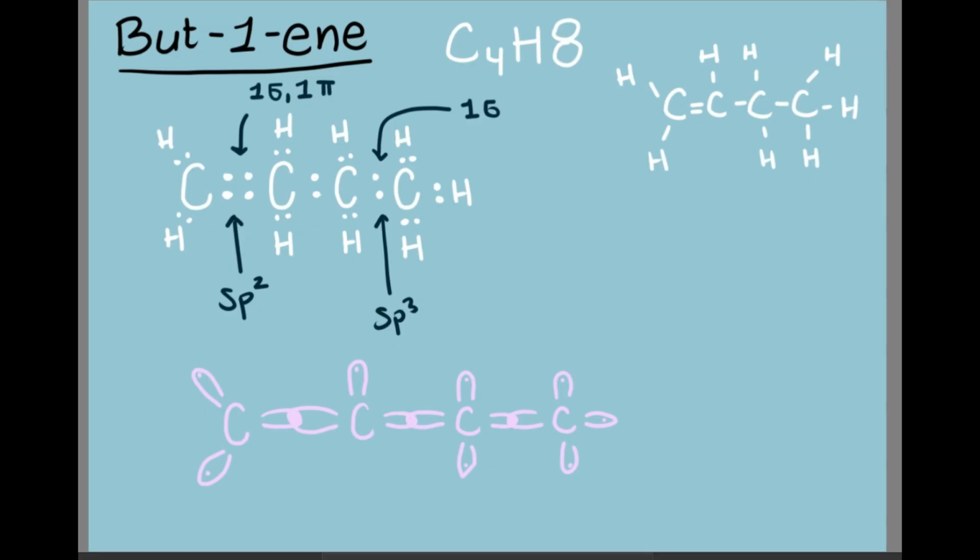So instead of drawing the sp2 hybridized orbital, we will actually draw out the full p orbital. This will occur for those first 2 carbons, and then the rest of the carbons will show that they are sp3 hybridized. So you can see that there are no unhybridized orbitals for those carbons.